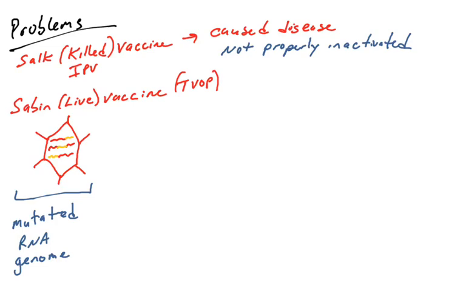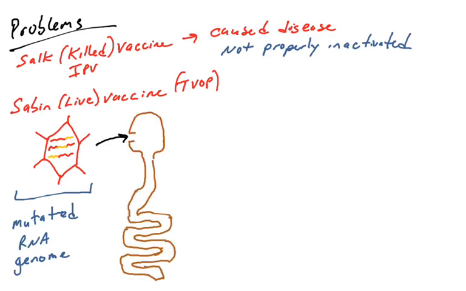So Sabin grew this virus in the lab, and the virus was mutated. So the live attenuated version of the virus, grown in the laboratory, is a mutant form of the virus. It will infect individuals, so we call it a live attenuated version. It'll infect, but it will not cause disease. Individuals are administered the Sabin vaccine orally, and the virus will travel down the digestive tract.